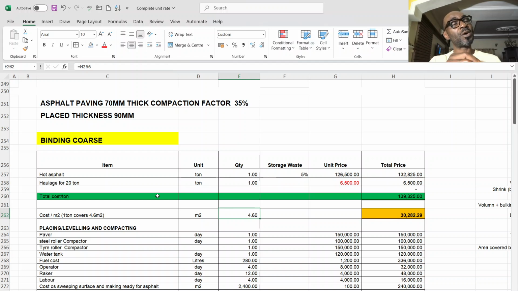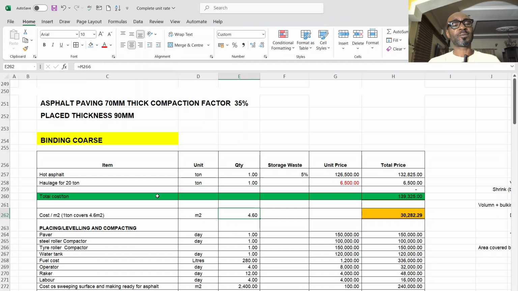That stream of water on the tire helps to smooth the wearing course and makes it look smoother. The most important aspect is not allowing the asphalt to get stuck on the rollers.